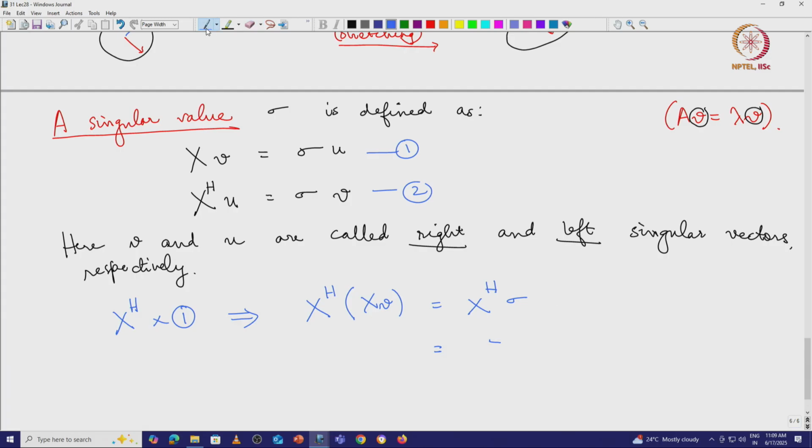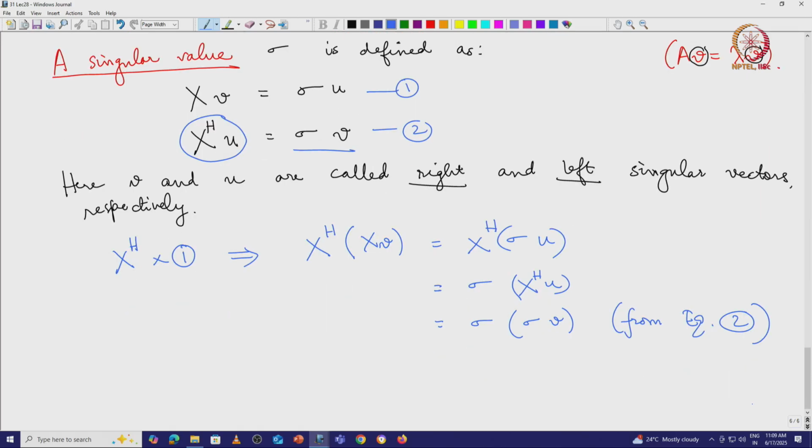So, this is sigma U, and now you can rearrange this slightly. This becomes sigma times X Hermitian U, and you know that from the second equation, X Hermitian U is sigma V. So, this is sigma times sigma V from equation 2, and therefore, now you have sigma squared V. So, X Hermitian X times V is equal to sigma squared V.